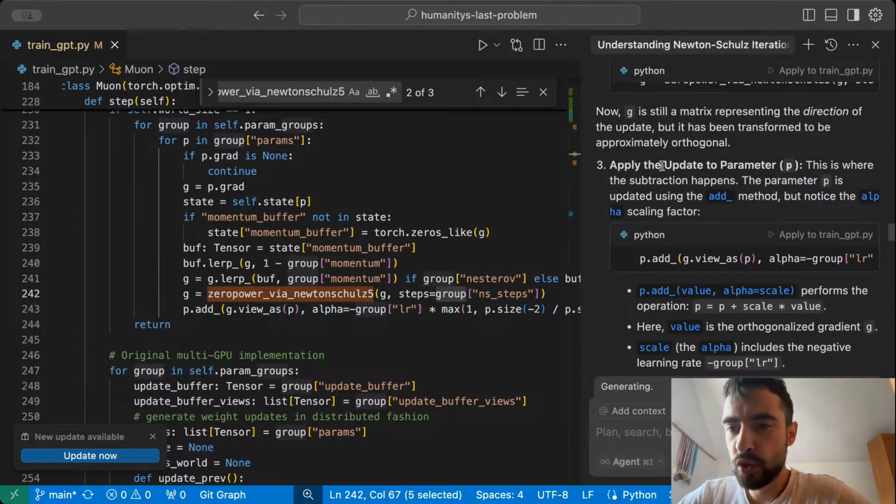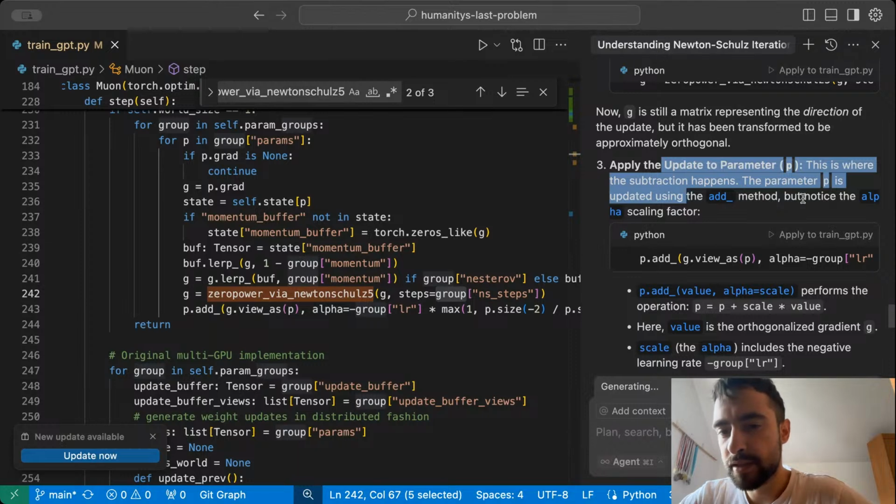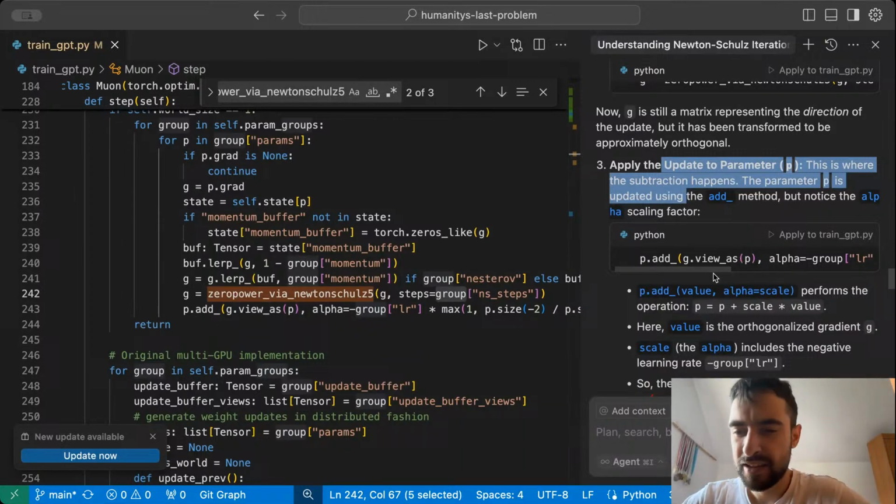Apply the update to parameter P. This is where subtraction happens. The parameter P is updated using the add method, but notice the alpha scaling factor. Parameter P add G view as P. Okay, yeah, that's okay. Just making sure it's the same shape.